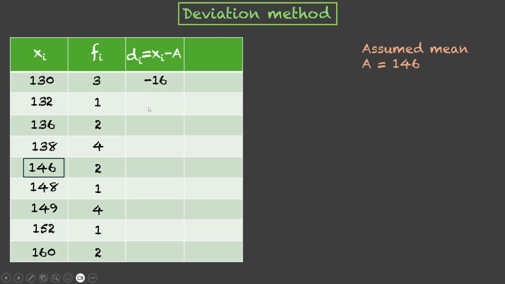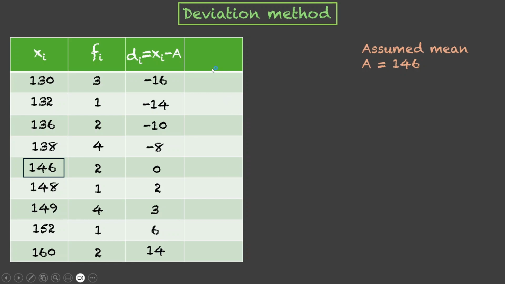We do this for the entire data set, okay? So 132 minus 146, that is negative 14. We find all the values, negative 10, this is negative 8, 146 minus 146, this is 0. This is 148 minus 146, 2, this will be 3, this will be 6, and this will be 40, right?